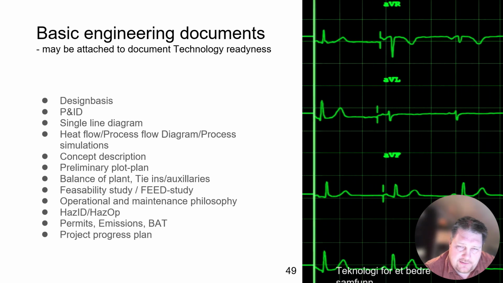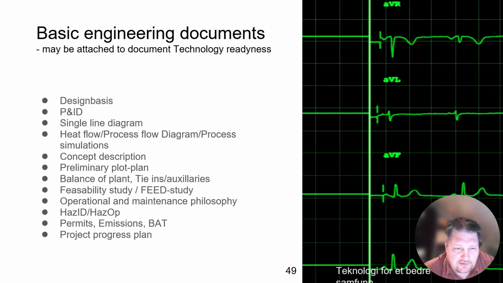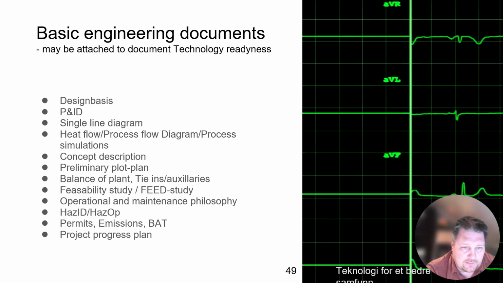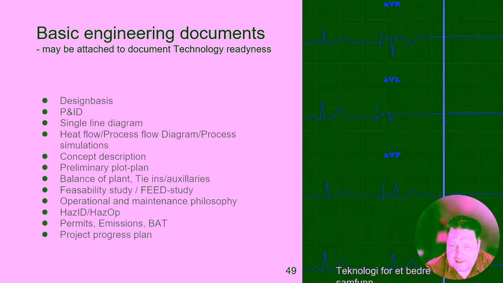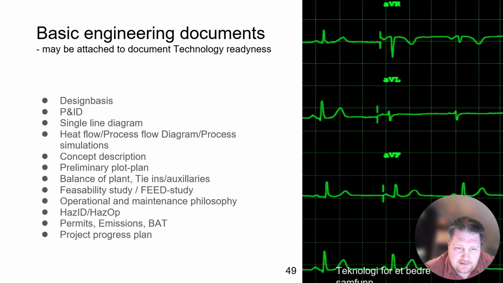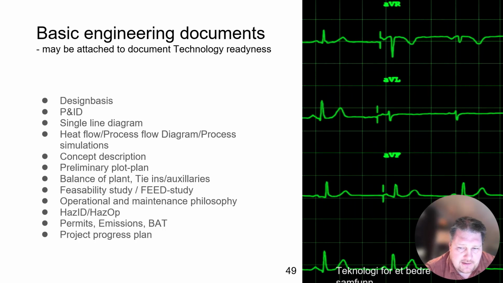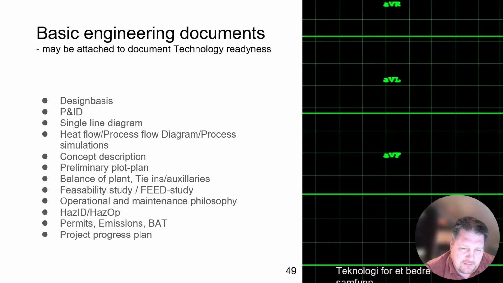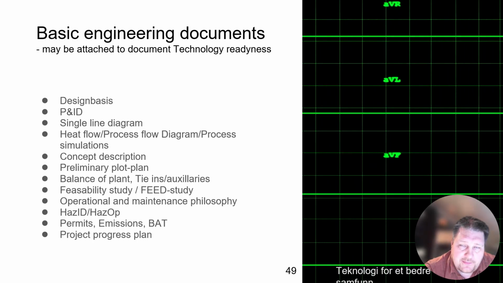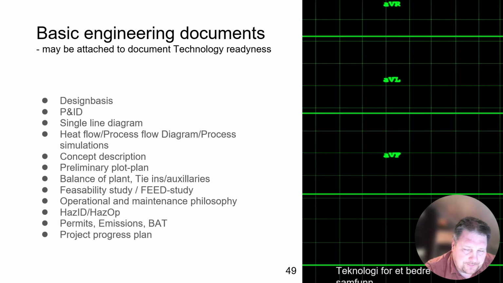All kinds of permits, emission permits, labor permits, construction permits, electrical permits, etc. are important. If you can describe your technology towards the best available technology, or if you have used the best available technology, the BAT, that is also important to include.